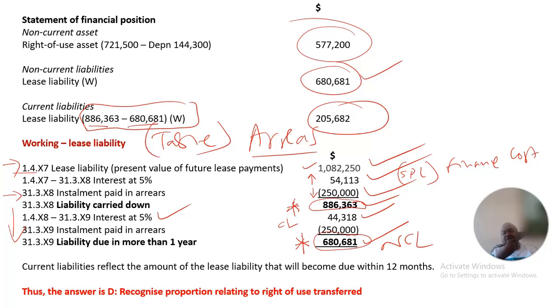Okay? It's debatable. Other textbooks put this amount, the row, but that is wrong. Okay? That is wrong. Why? Because row is subject to depreciation.